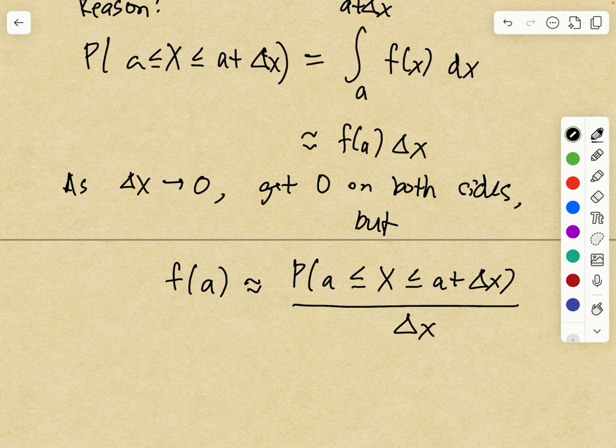Right? Because if you think of this probability as approximately the area, this f of a would be the height of the rectangle.